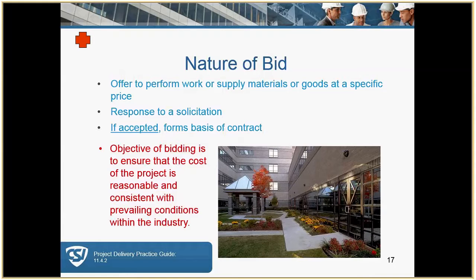The key objective of bidding is to ensure that the pricing is reasonable and consistent with prevailing market conditions, often phrased as what the market will bear. Note in Canada, this is typically called a tender. And please circle this last phrase in your handout: the objective of bidding is to ensure that the cost of the project is reasonable and consistent with prevailing conditions within the industry.